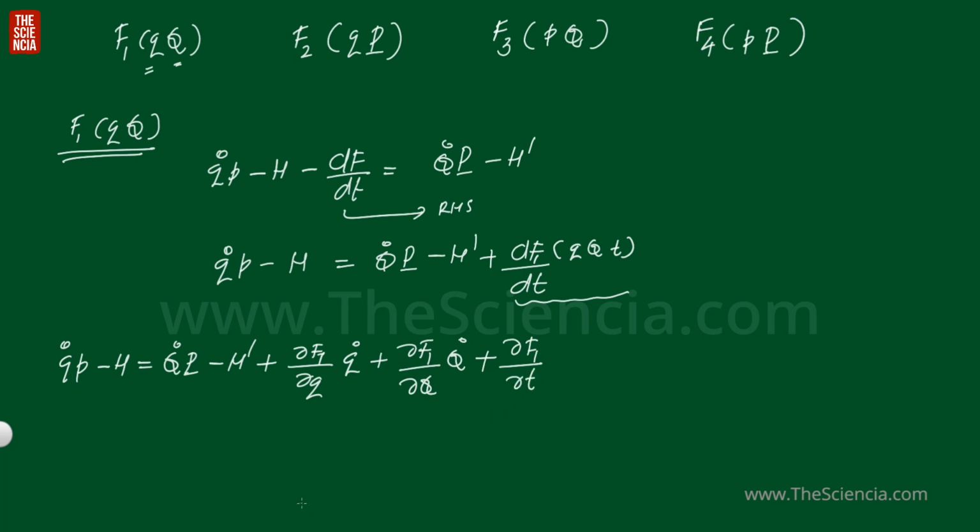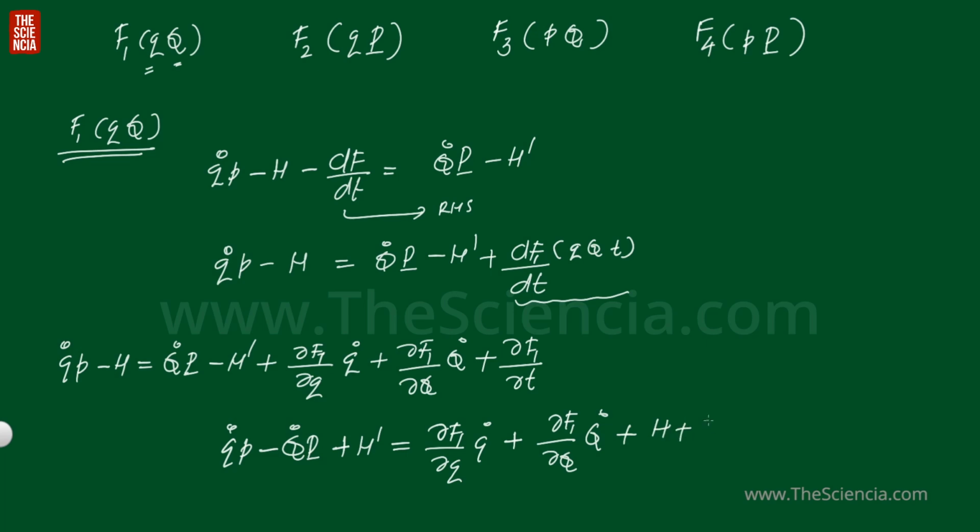Now I am slightly rearranging this equation, that is q dot p minus capital Q dot capital P plus h prime equal to dou f1 by dou q into q dot plus dou f1 by dou capital Q into capital Q dot plus h plus dou f by dou t.